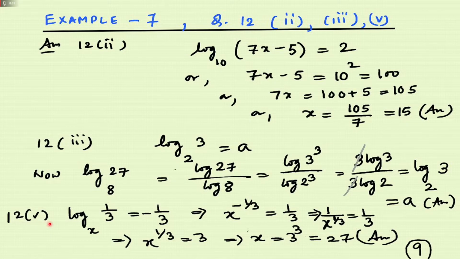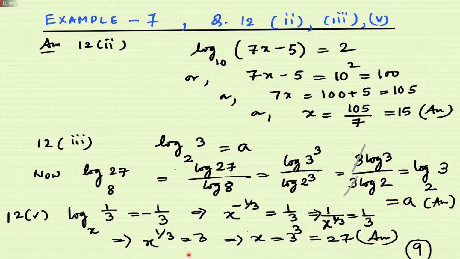Now 12.5 is here. Given that log 1 by 3 base x is equal to minus 1 by 3, you have to find the value of x. So I am also using the definition of log here, and I am getting that x to the power minus 1 by 3 is nothing but 1 by 3, and x to the power minus 1 by 3 can also be written as 1 by x to the power 1 by 3 by using the laws of indices, and this is 1 by 3.